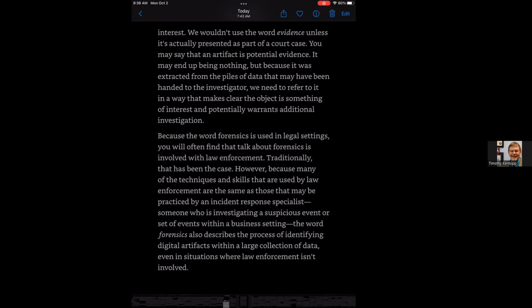Now, there's two aspects of network forensics, one that's legal and formal, and then there's another that has to do with incident handling. It's incident response. So one aspect of network forensics has legal context, and that's where these other terms come into play.